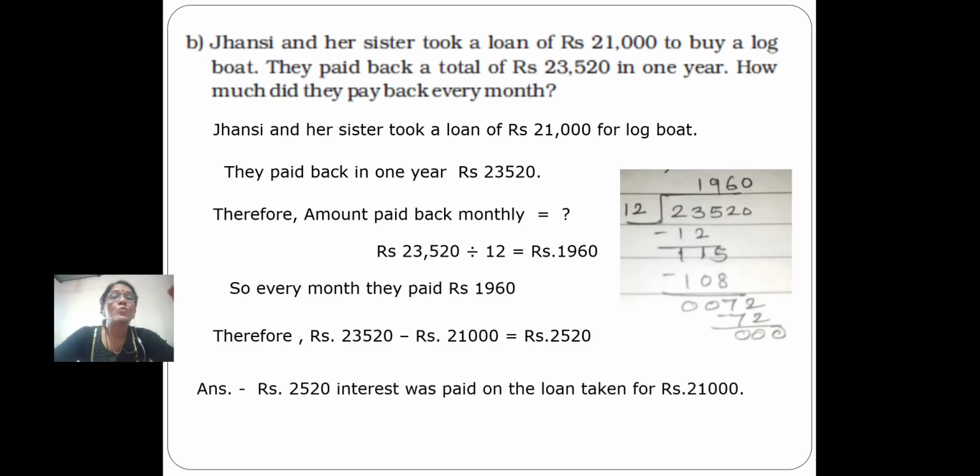So, rupees 2,520 interest was paid on the loan taken for rupees 21,000. Have you all understood, dear children? Yes. The interest, I told you, the extra amount charged by the bank, is known as interest.